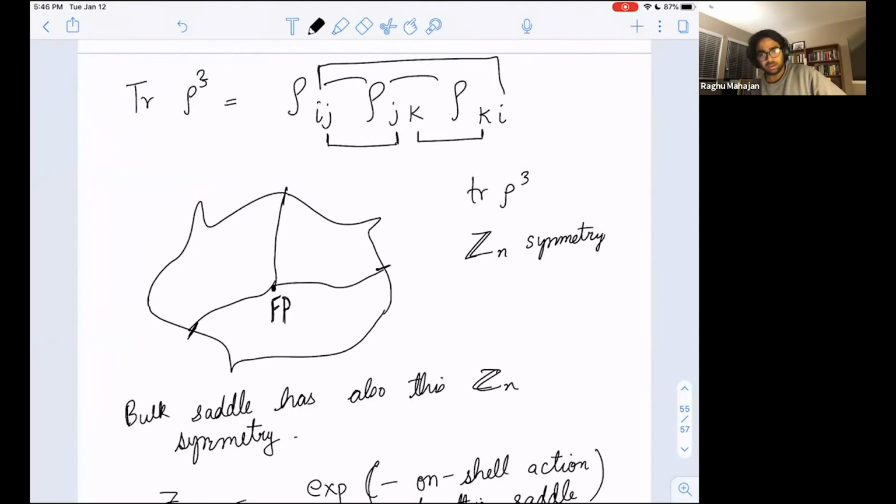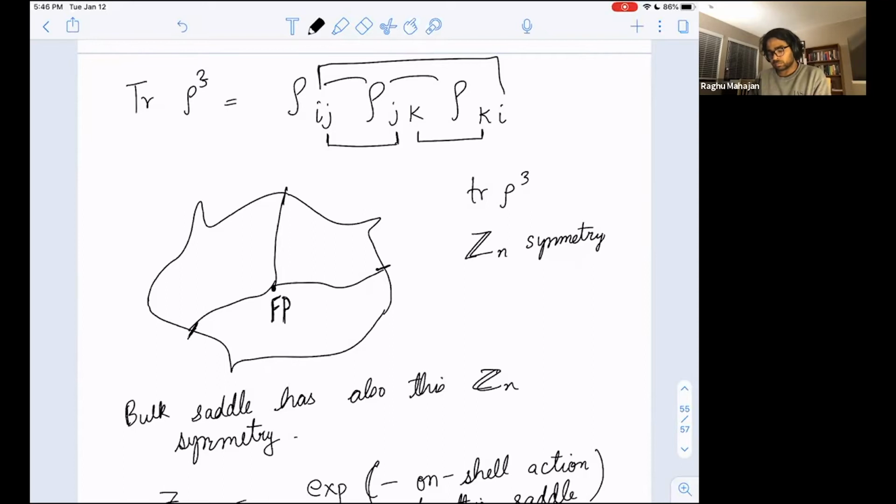And if you have some more complicated setup, then you basically have to follow these steps and make sure you're not making a mistake. It could happen, and why does the bulk have to have the Zn symmetry? That's also not obvious. But this is sort of the vanilla situation. If the setup of your problem has those simplifying features, then you can proceed on this logic.